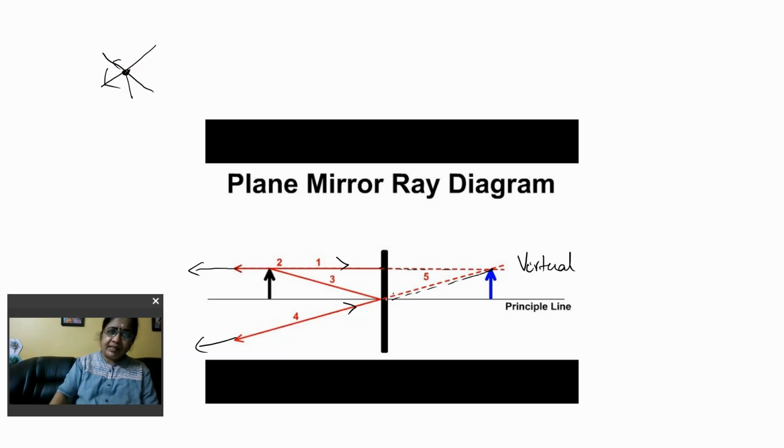So if you want to understand more about it, we'll see image formation in a concave mirror and image formation in a convex mirror. When you speak about image formation in a concave mirror, there are various positions where you can place the object, and the image formed will vary based on the position.